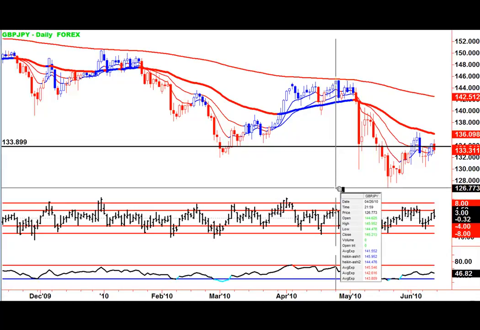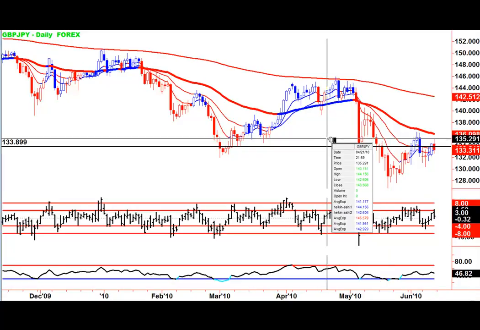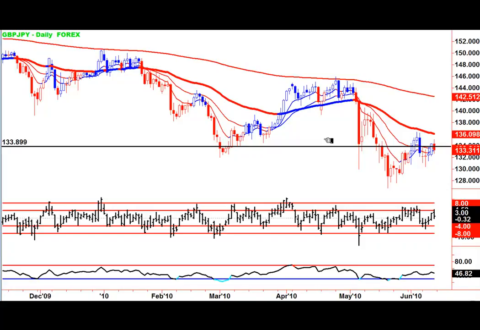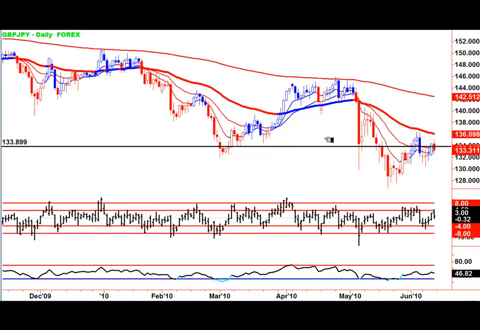Got the potential to come right down to 126.77, and you've only got to have a stop up here at 135.30, or even slightly tighter. So a pullback to 133.90 with a stop at 135.30 is potentially good. So these pound pairs are nice.